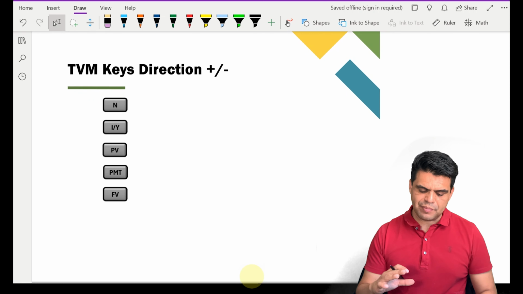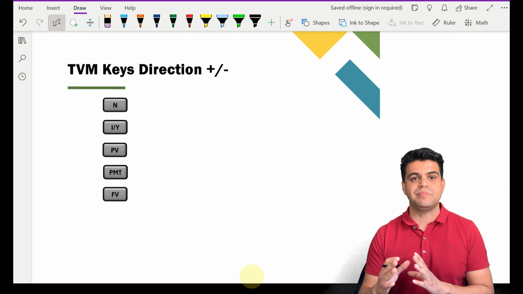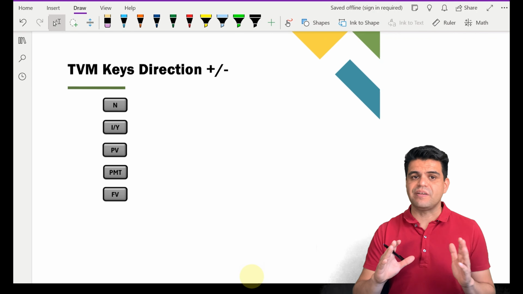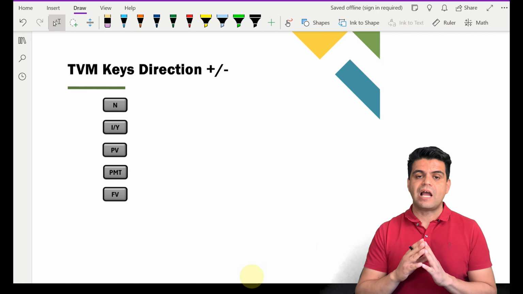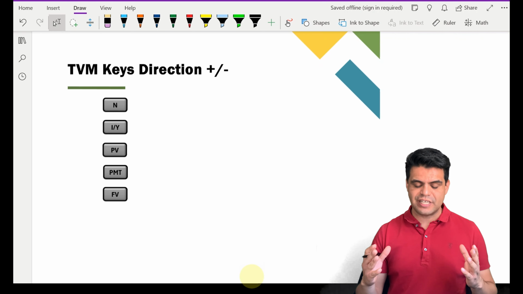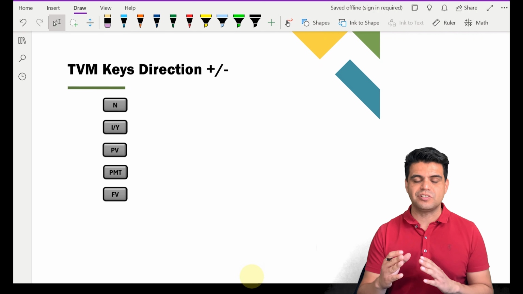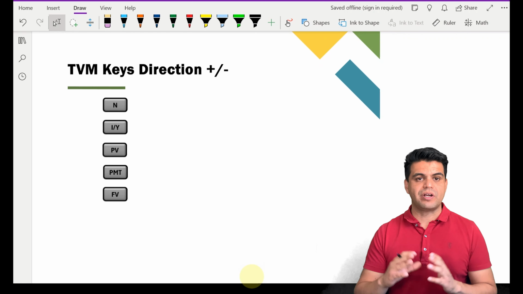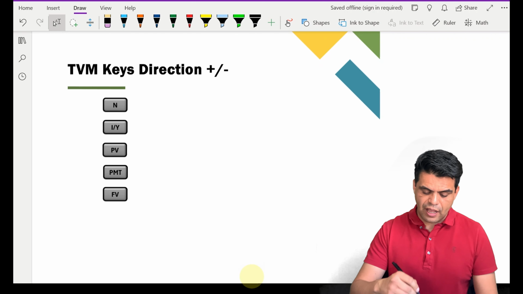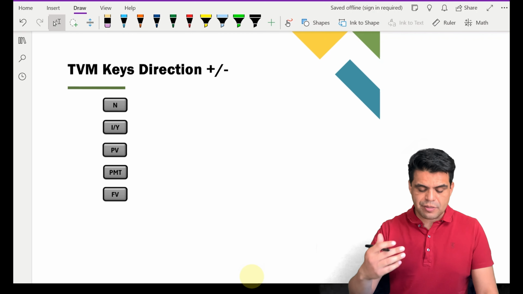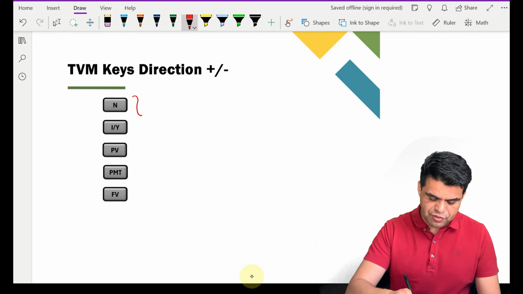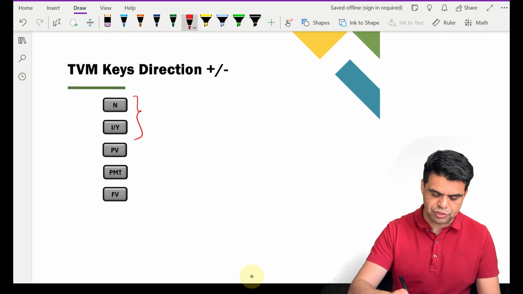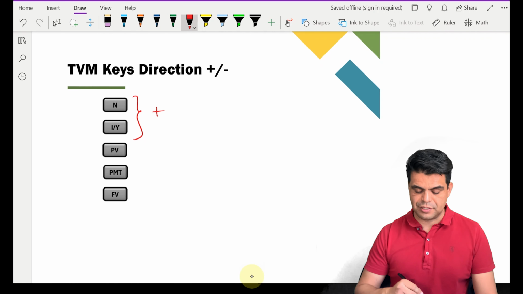Now, I want to talk about the time value of money keys' directions, meaning positive or negative. Which way should they go? Now, this is going to be a very brief overview. However, if you want a lot more detail about which direction and how to determine, I've made a whole video on that. So for this video, we're going to make this very simple. For this introductory, as you're learning about time value of money, your number of periods and your interest per year, or your nominal interest rate, will always be positive.